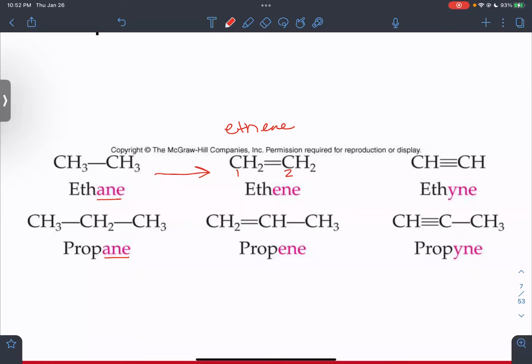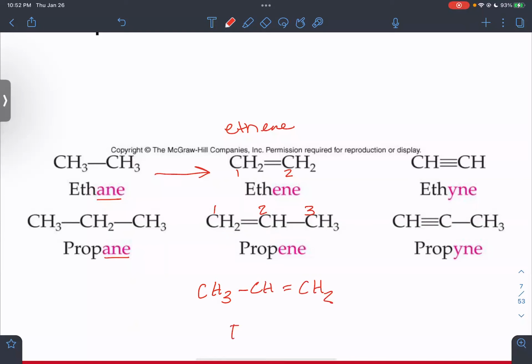Same thing down here with propene. You could number it this way, 1, 2, 3. You can't number it the other way, 1, 2, 3, because you have to give the carbon-carbon double bond the lowest number possible. But let's say I took that molecule and flipped it, so I have a CH3, a CH, double bond, CH2.